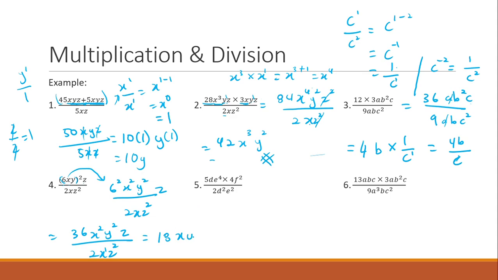Y square z divided by z square, z power of 1 minus 2, we will get negative 1. Negative 1, if we put z, it means 1 over z. So we can just put z at the bottom straight away. So this is the answer.